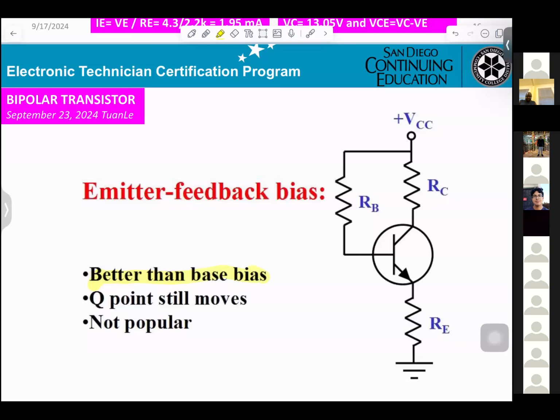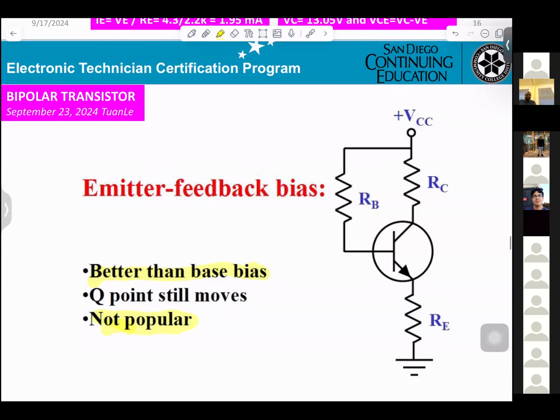However, the Q point will be moving, so it is not used in practice. We never try solving this emitter feedback. If you want, you can run MSIM 7 and it can give you everything.